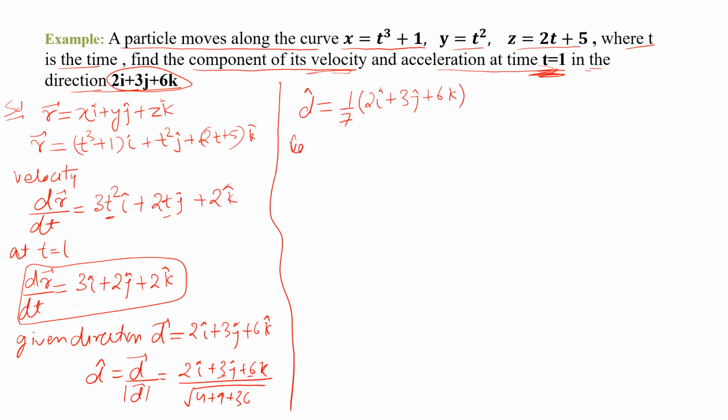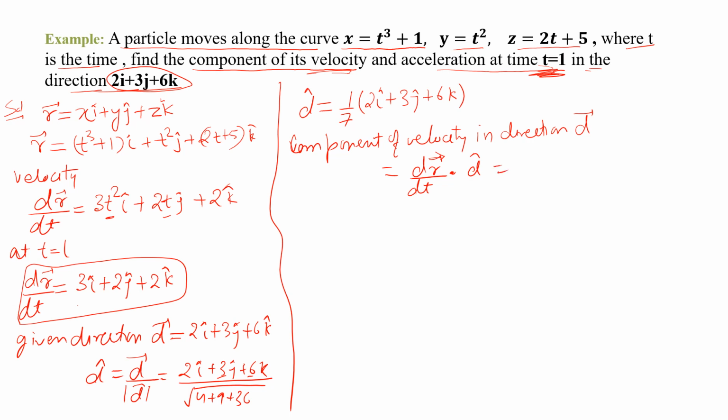Now the component of velocity in the direction d is dr by dt, the velocity, dotted with the direction d.